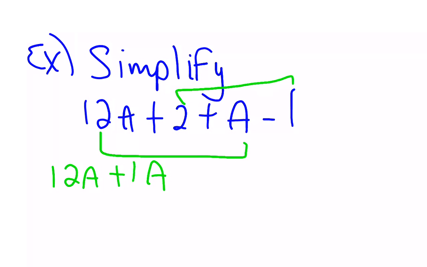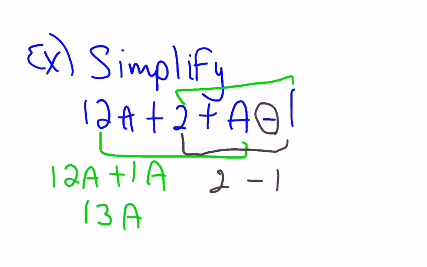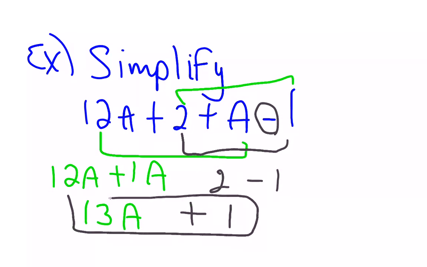Remember that there's a 1 in front of it. So this would be 13a. And then we have, I already wrote it, 2 minus 1, because you take the sign that's in front of the next one. So then the 2 minus 1 is 1, and so 13a plus 1 becomes our answer.